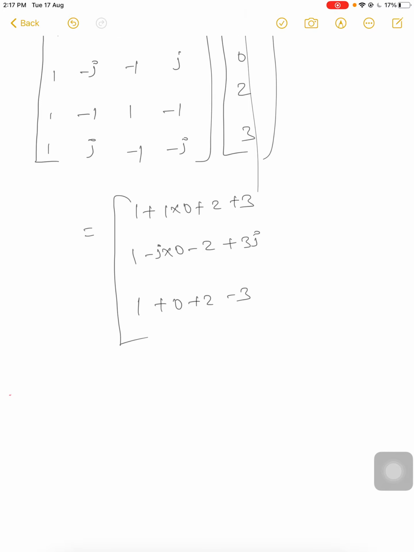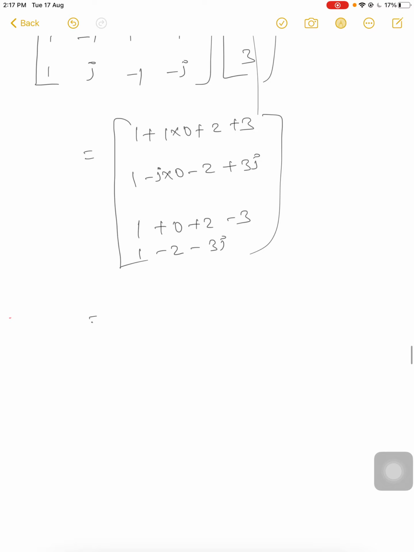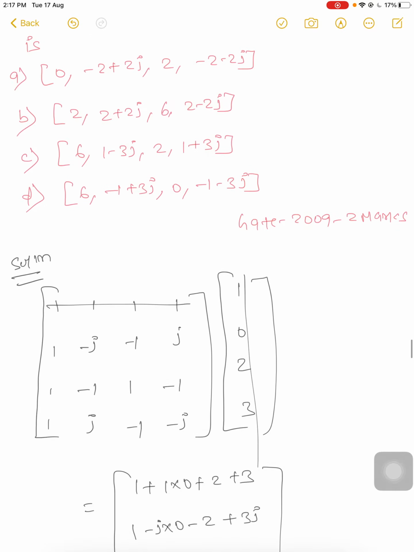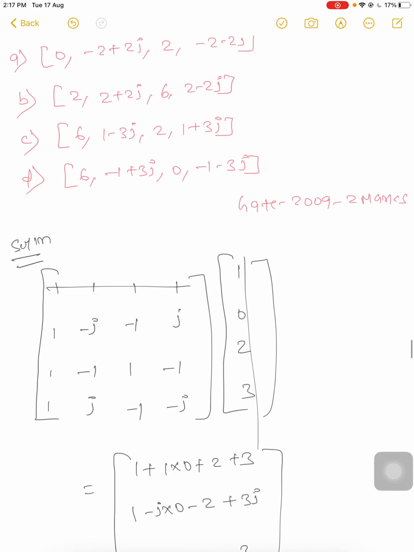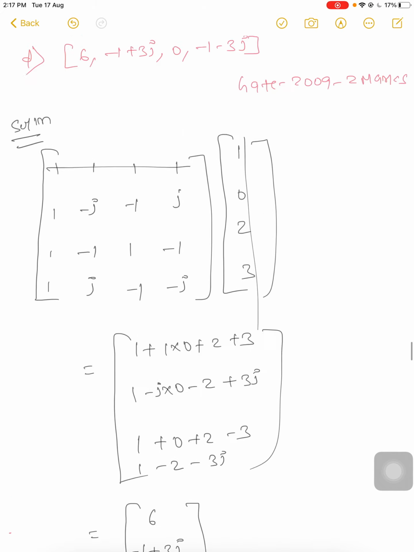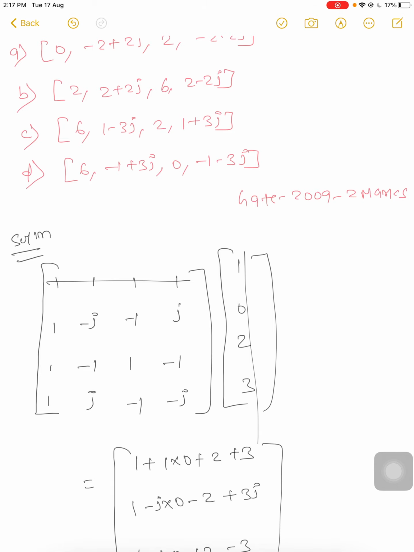Now once again you will get 1 minus 2 0 and minus 2 3. So 6, 1 minus 1 plus 3j, and 0 minus 1 minus 3j will be the right answer. So 6, minus 1 3j, plus 0, minus 1 3j. The right answer will be D.